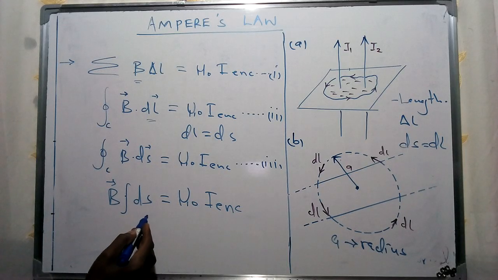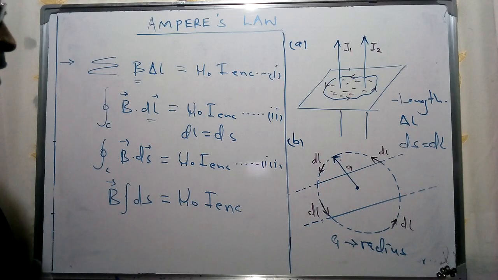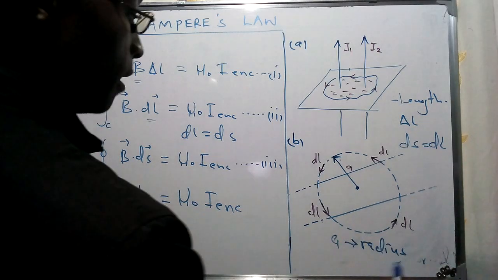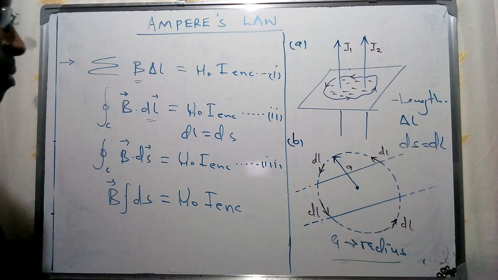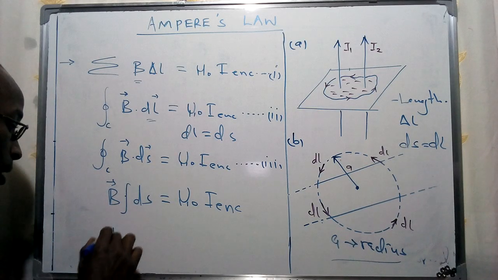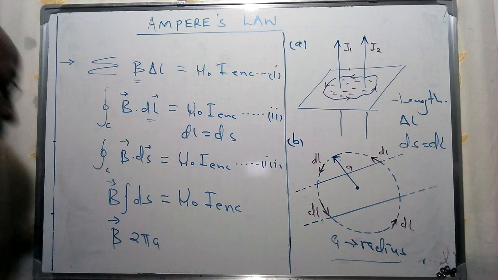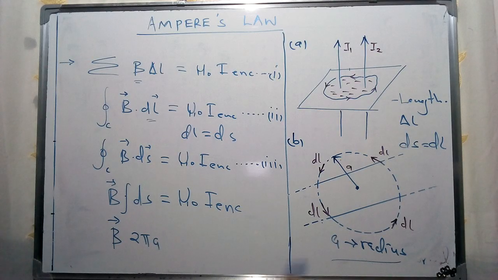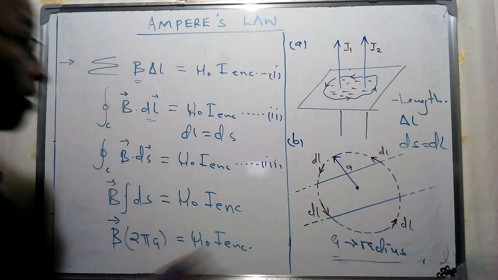If we look at this Amperean curve, which is circular with a radius a, the total distance around it is going to be its circumference. From normal evaluation, we know that the circumference of such a figure can be found by 2 pi r, whereby our r is representing this radius. Therefore, we're going to have this given in terms of mu naught times the current enclosed.